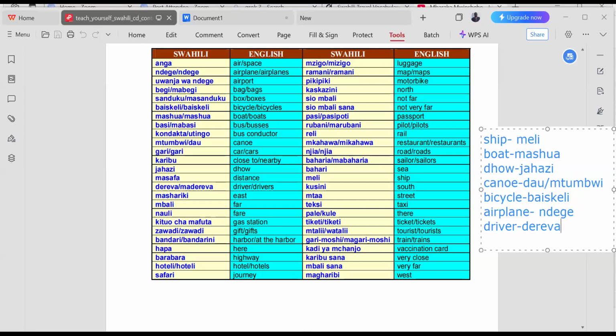Driver is dereva. Of course, the conductor, we call them utingo.